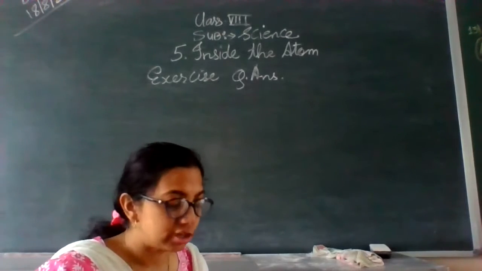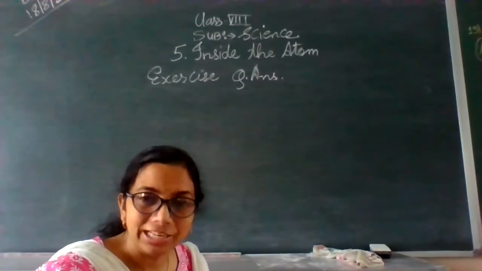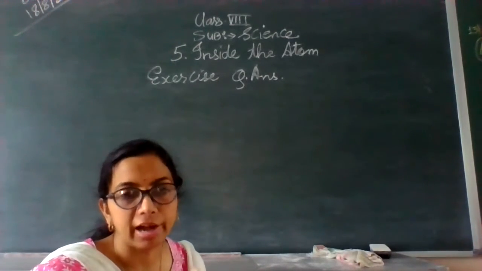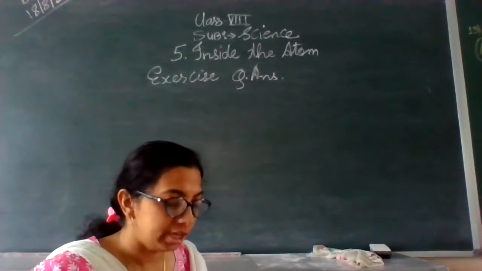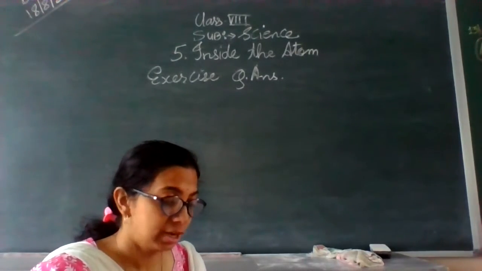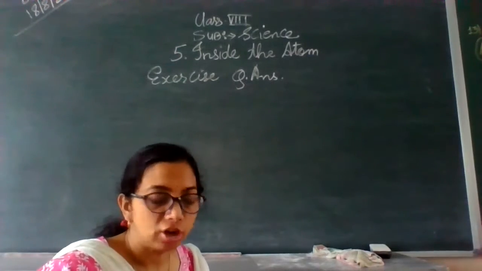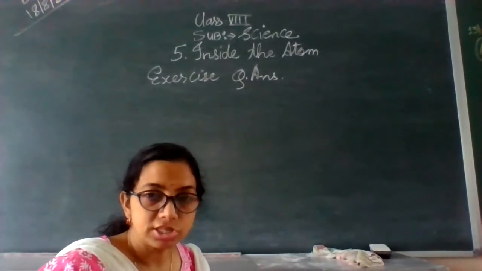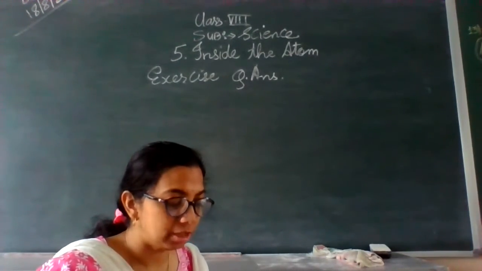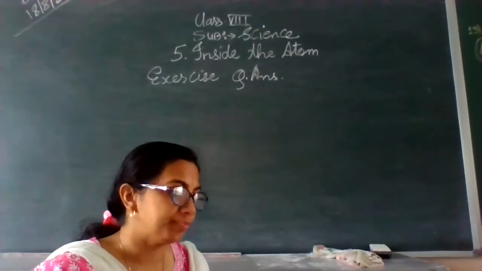And electrons, which actually have negligible mass, are revolving around the nucleus in their specific orbits. So atomic mass is actually the addition of protons and neutrons in the nucleus of that atom.